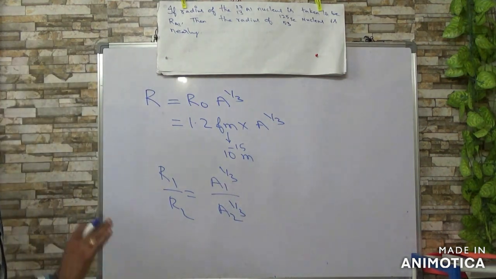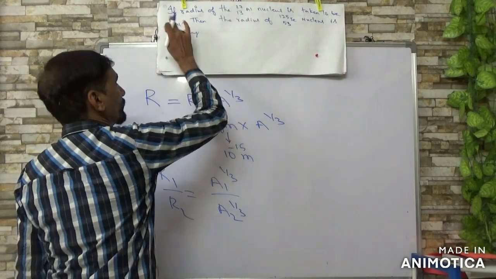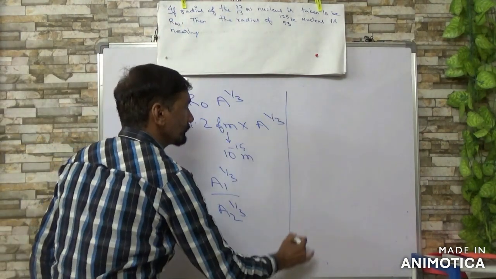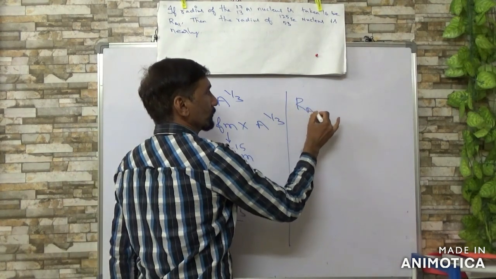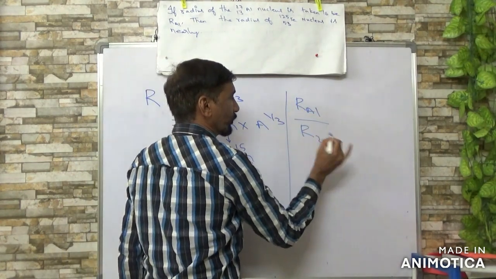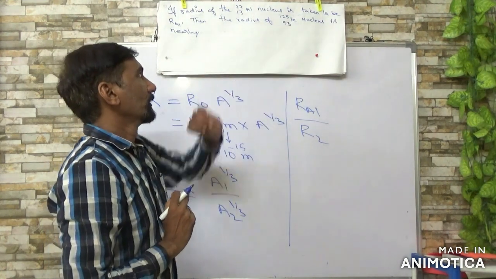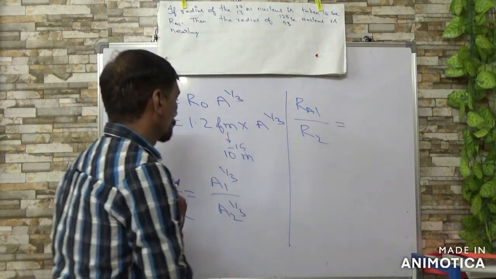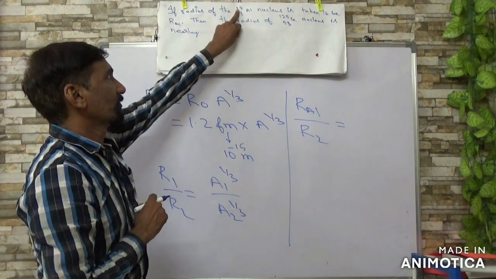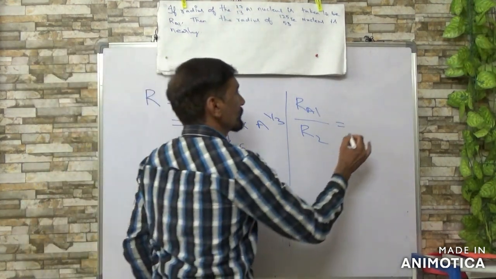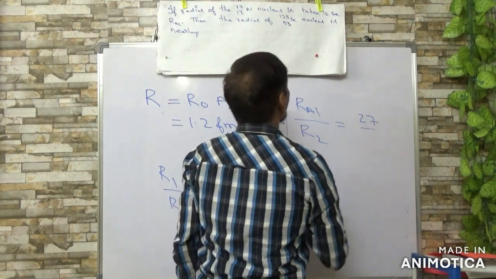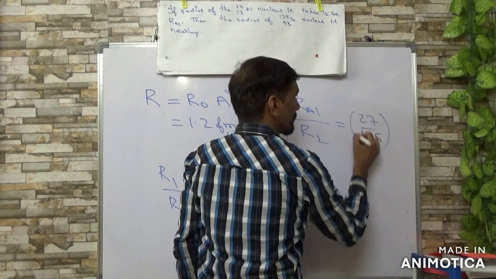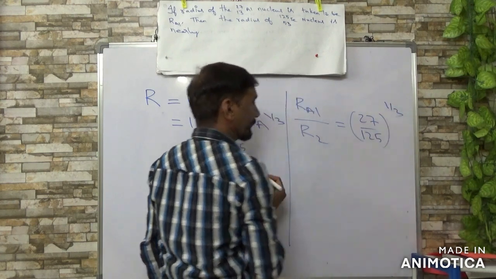So in this problem, radius of aluminium you have given, R Al. Okay. By the second one you want to find, that is about tellurium. Okay, equal to A1, mass number of the first one 27, na, by the second one 125 power 1 by 3.